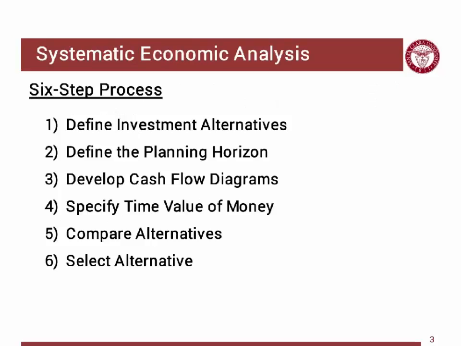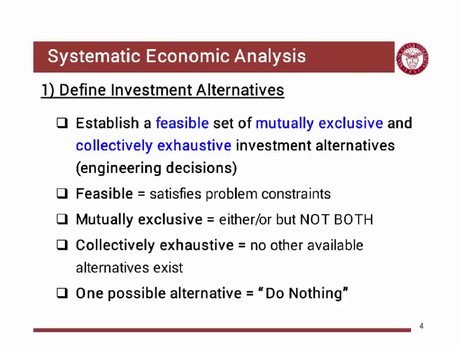So the process here includes 6 steps. The first is defining your investment alternatives or engineering alternatives, which is a typical thing in the engineering design process. You need to identify your alternatives, and they need to be feasible, mutually exclusive, and collectively exhaustive. The first one is feasible, meaning you need to come up with a feasible design. That's straightforward.